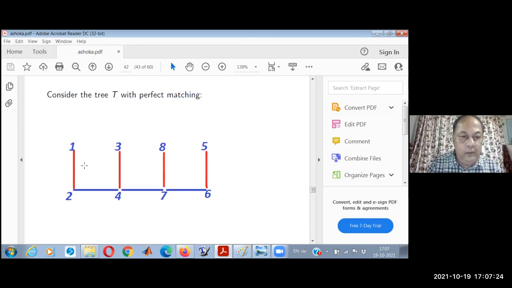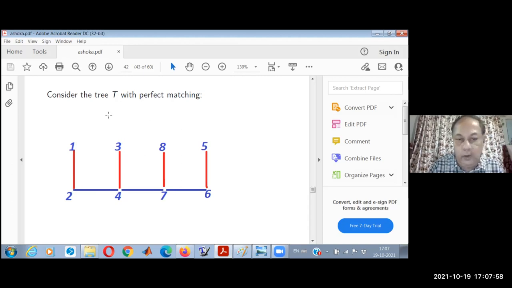If you look at the 1, 7 entry of the inverse, then I look at the 1, 7 path. There's a unique path, and that is not an alternating path because of the edge colors, red and blue. The red edges are the perfect matching. So the edges go red, blue, again blue, and because of that, the entry in the inverse is 0. But if you look at the 1 to 3 path, then it is an alternating path because it is red, blue, red.